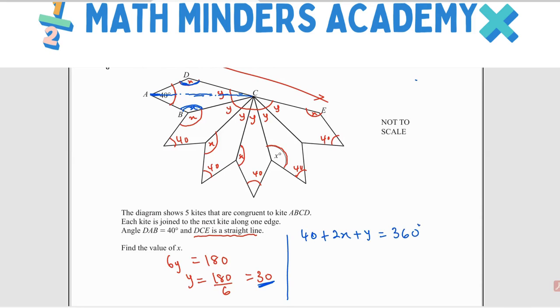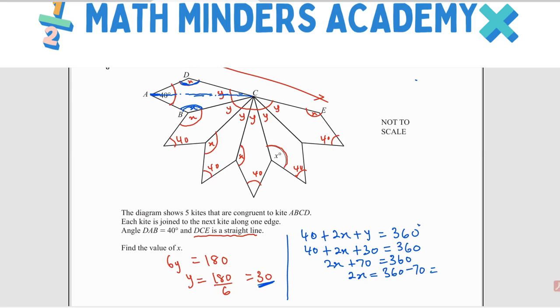Okay. Now we have 40 plus 2s. Remember that y is 30, so this is 30. Okay, so 2s plus 70 equals 360. 2s equals 360 minus 70.